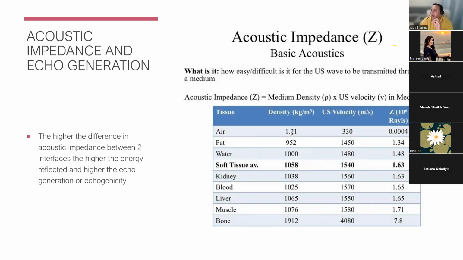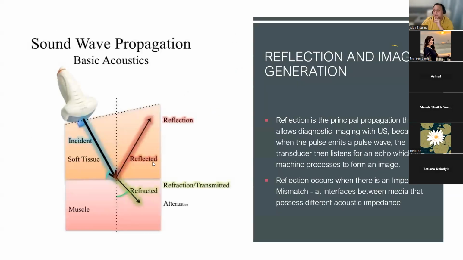So the difference between air, the density of which is very low, and bone is much higher than the difference between muscle and bone. So it's 900 here. Over here, it's massive. So it's really important to understand that the difference in the acoustic impedance is what increases reflectivity and produces the brightness of the image.